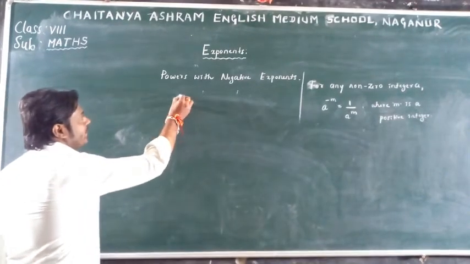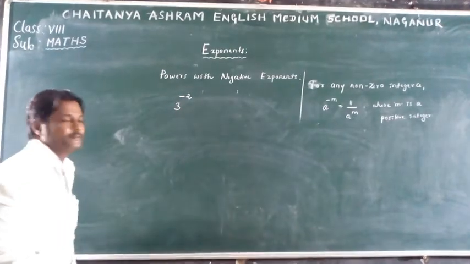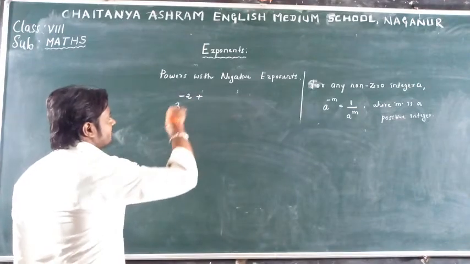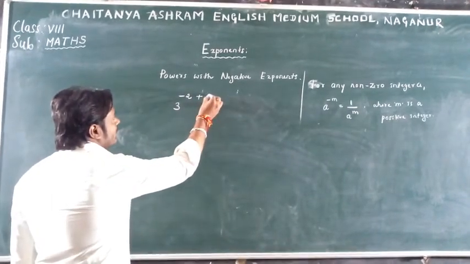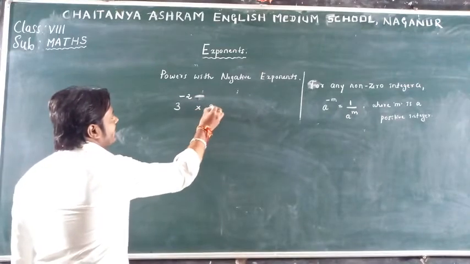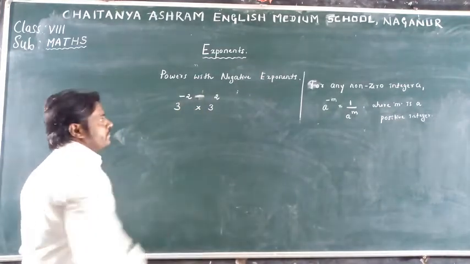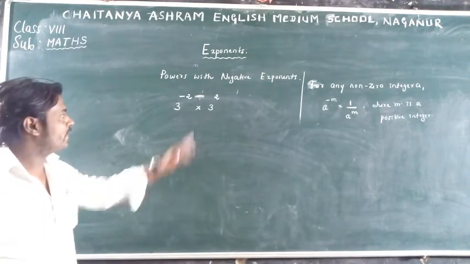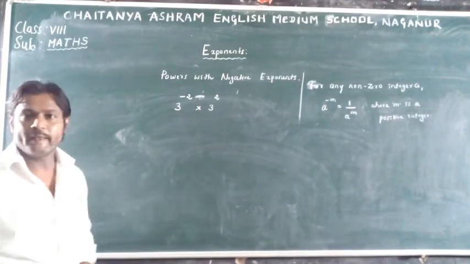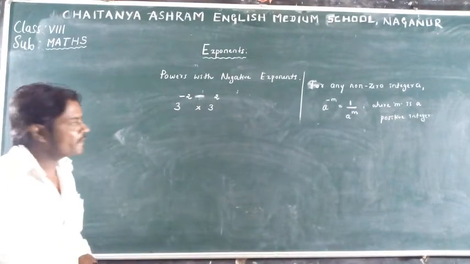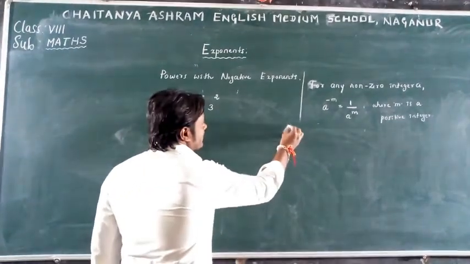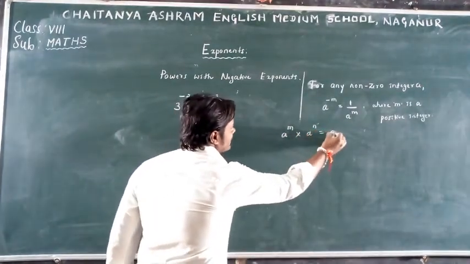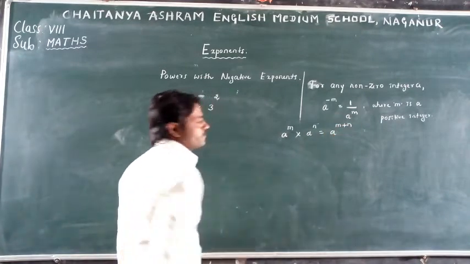Consider 3 raised to the power minus 2 multiplied by 3 raised to the power plus 2. Tell me, what is the answer? What is the product of these two exponents? Apply the first law of exponents. By the first law, a^m times a^n equals a^(m+n).